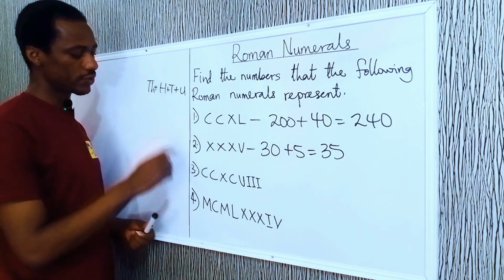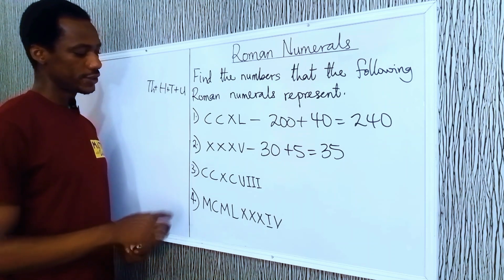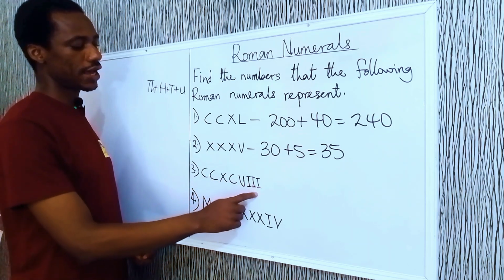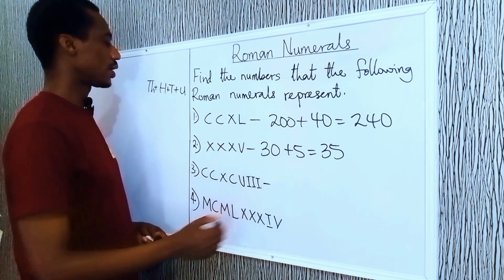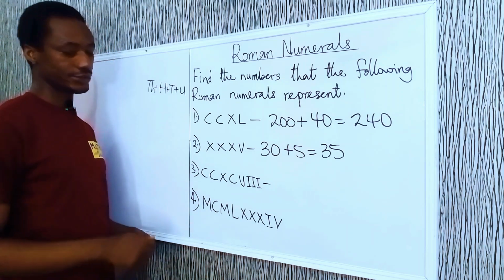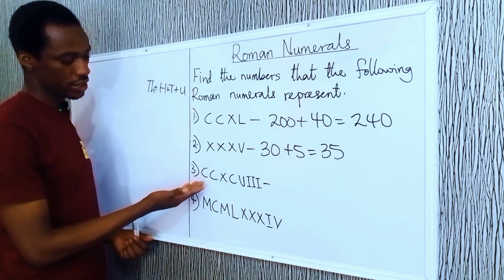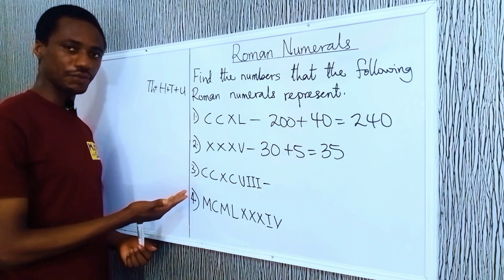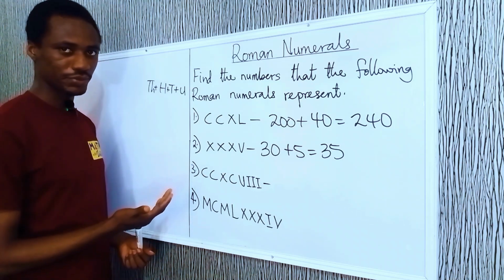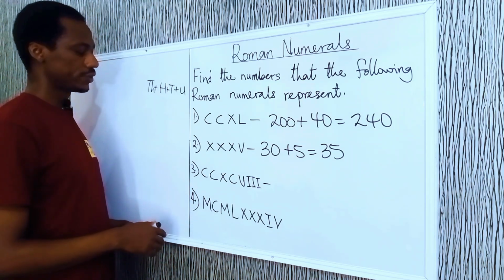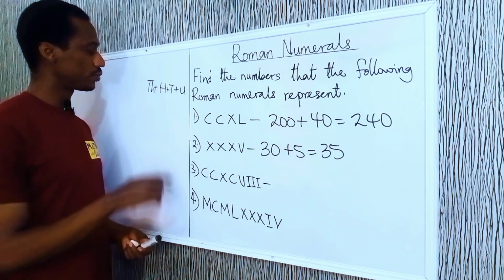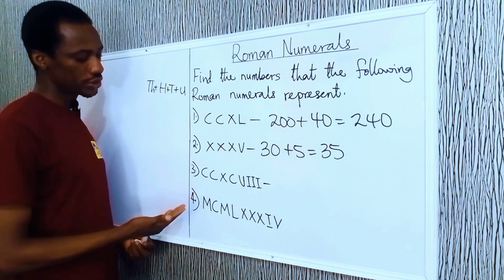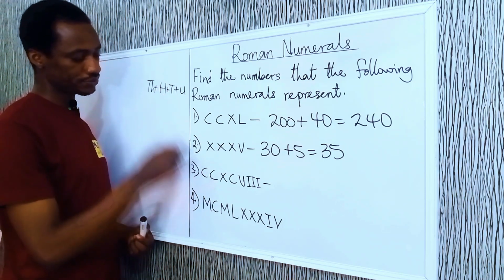The third one, we have CCXCVIII. So let's go back to our 1000, 100, tens, and units. So 1000 here. Is there any M or MM or MMM? None. So no 1000. We'll move to 100. Here we can see CC.